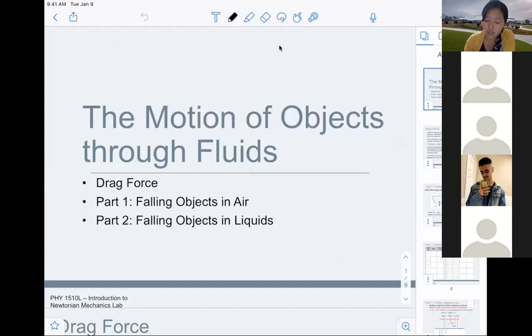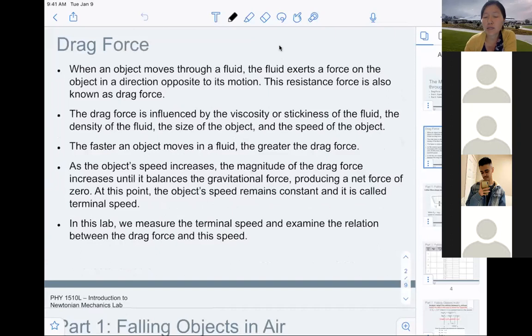When an object is traveling in fluids, whether it's air or liquid, there is a significant amount of drag force acting on the object. In the air, we sometimes also call the drag force the air resistance.